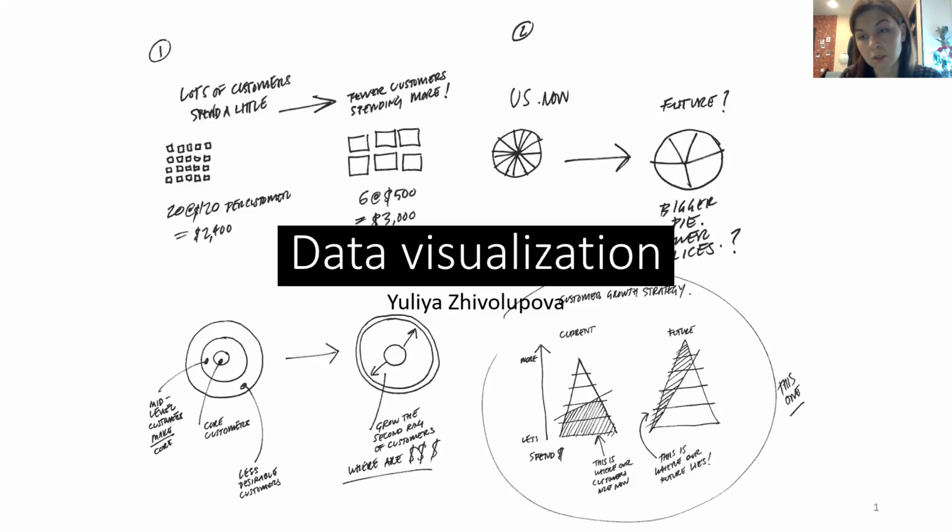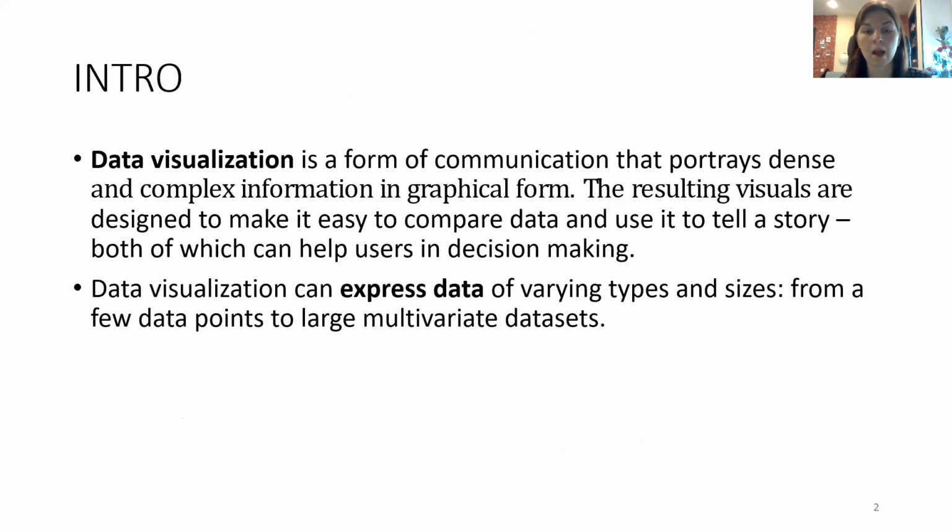So data visualization allows us to represent data sets and make some conclusions about these data. And data visualization is a form of communication that portrays dense and complex information in a graphical form. The resulting visuals are designed to make it easy to compare data and use it to tell some story, both of which can help users in decision making.